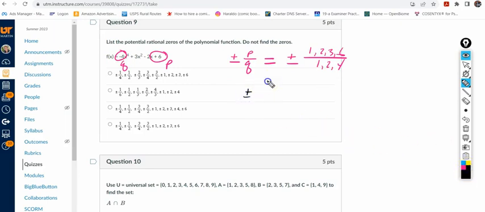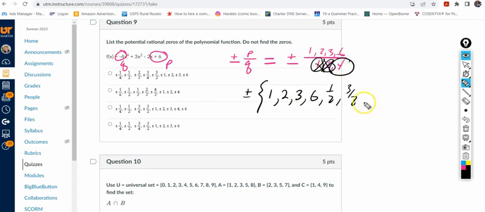So I'm going to have plus or minus 1 over 1, 2 over 1, 3 over 1, and 6 over 1. Then 1 over 2, 2 over 2, which reduces to 1, 3 over 2, and 6 over 2, which reduces to 3.